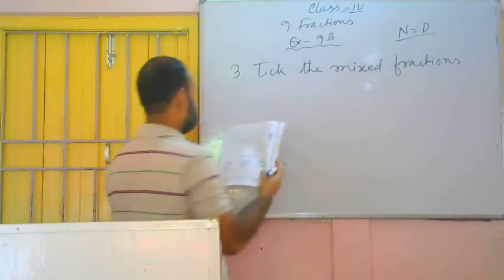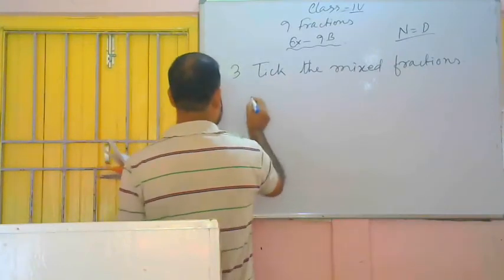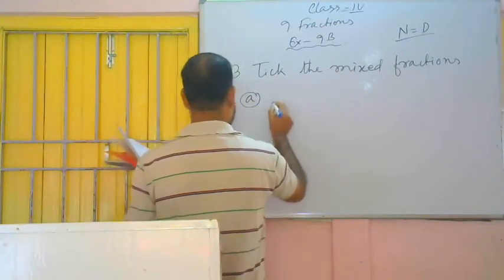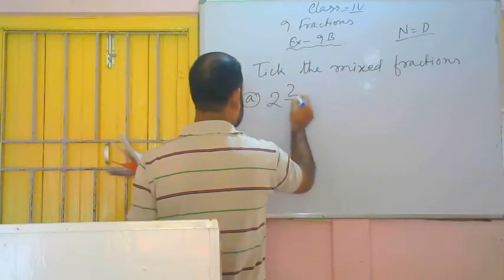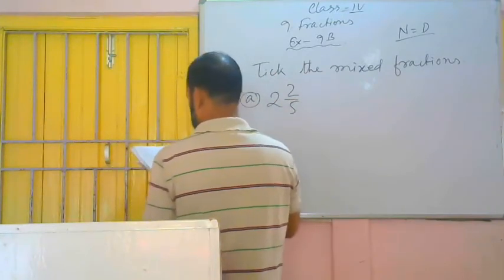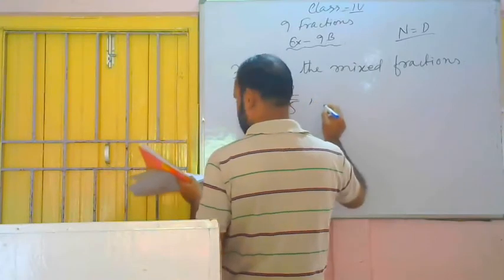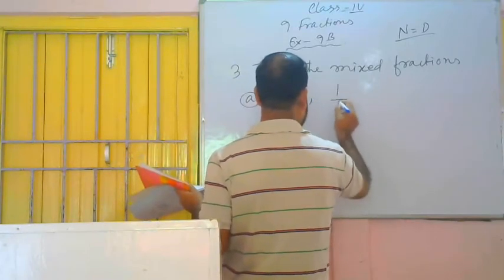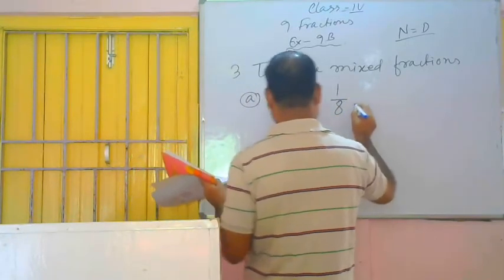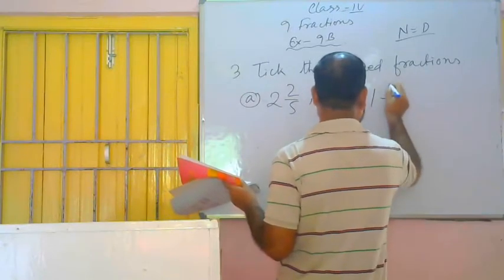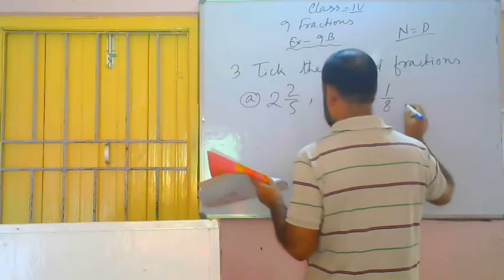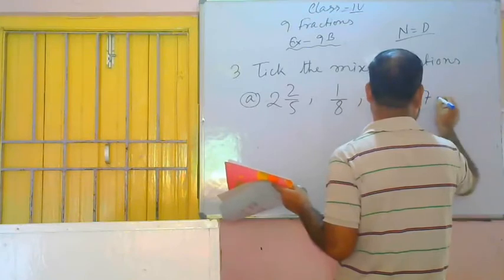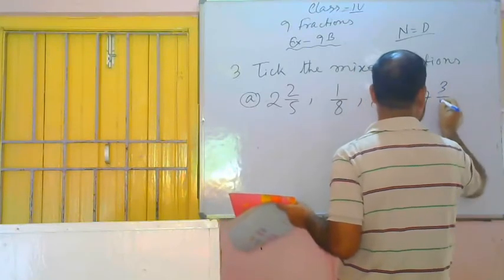Now question number A: 2 2/5, 1/8, 1 1/8, 7 3/6.